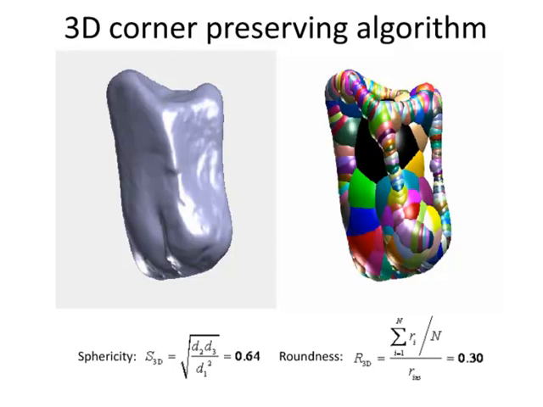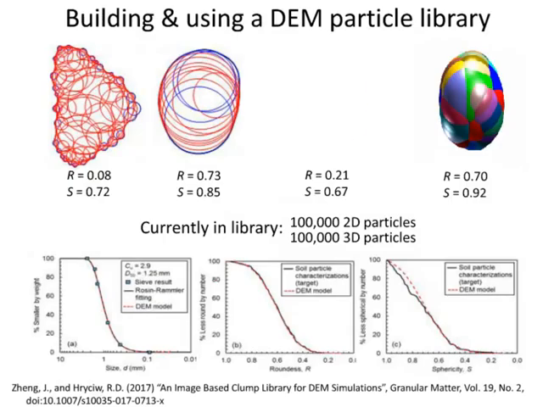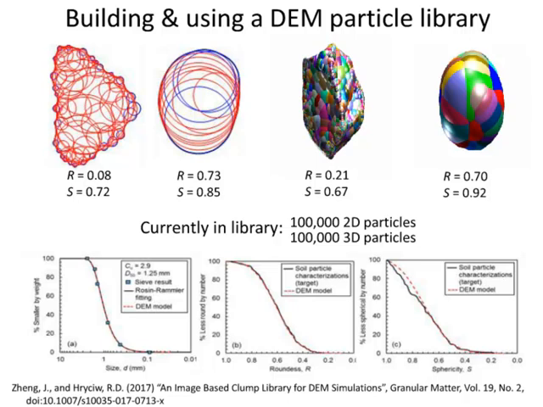And my last slide here shows you that what we have done is create a library of these cluster particles, over 100,000 in 2D and another 100,000 in 3D, so that if you have your desired particle size distribution, particle roundness distribution, and sphericity distribution, we can sample particles from our library and feed them directly into a discrete element model and faithfully, therefore, perform a model analysis on an exact replica of a soil that you collected from the field.